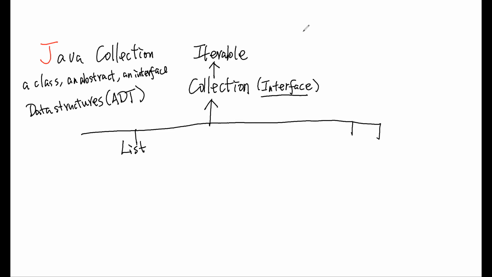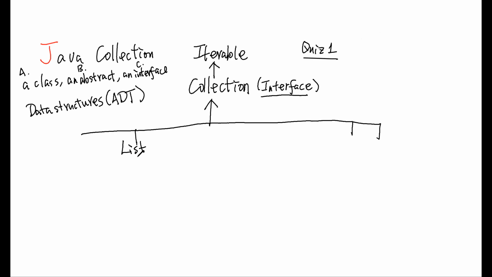If you are late, you should know we already completed our first quiz question, which is regarding iterable: is it a class, an abstract class, or an interface? We know it's an interface. Please send your answer to the chat. So collection is an interface.